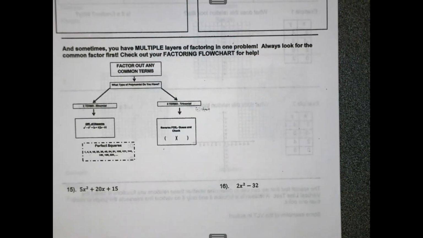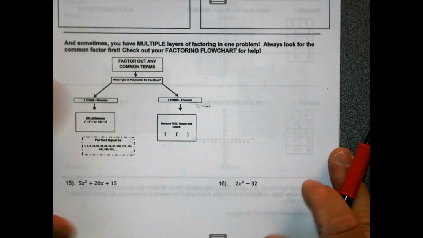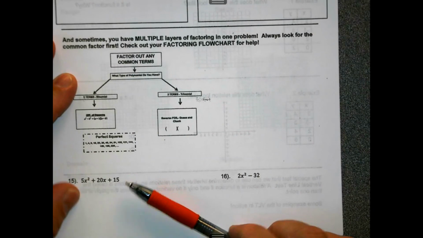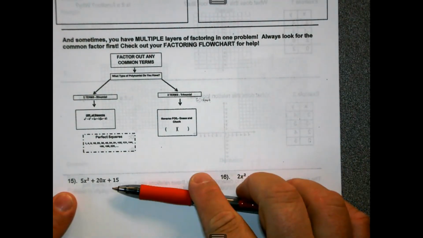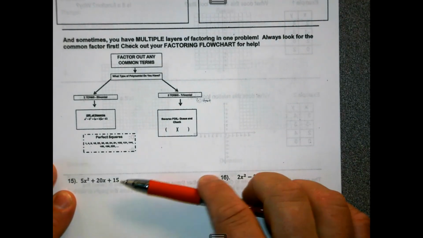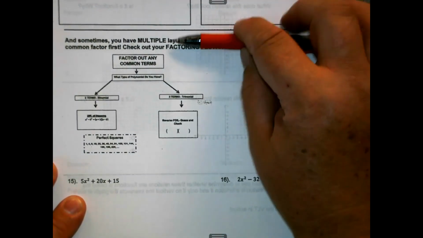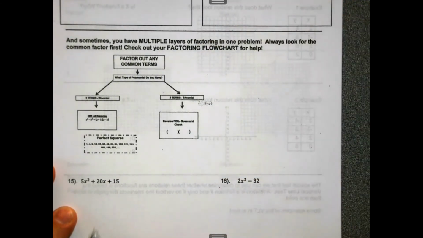All right, now we got to throw in some regular problems that we're going to try to follow this flow chart for. Okay, if I'm looking at number 15, let's try using our flow charts. So the first thing I'm going to look for, can I factor out any common terms? Are there any common terms in 5x squared plus 20x plus 15?